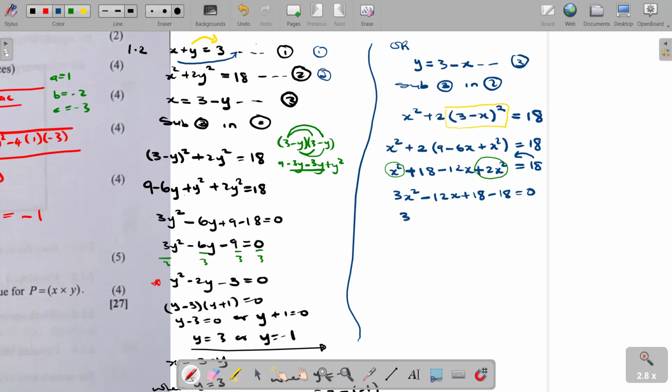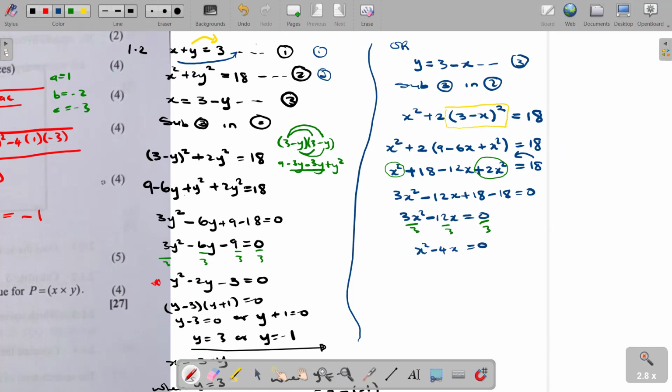So we are left with the 3x squared minus 12x. This will give us 0 equal to 0. Here, we can divide throughout by 3. So we'll be left with x squared minus 4x equal to 0.